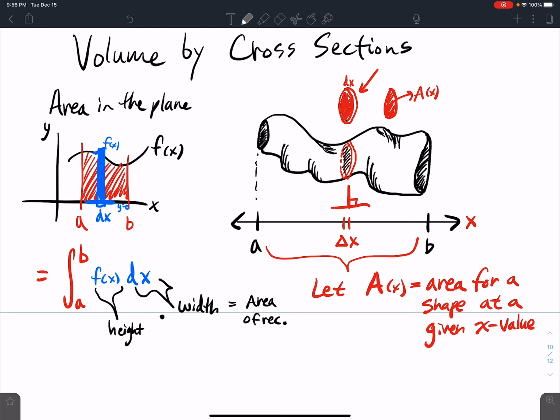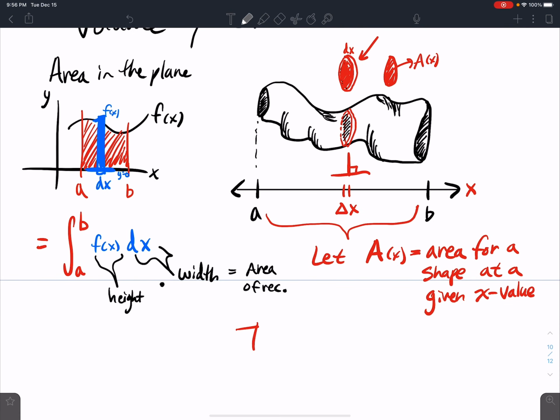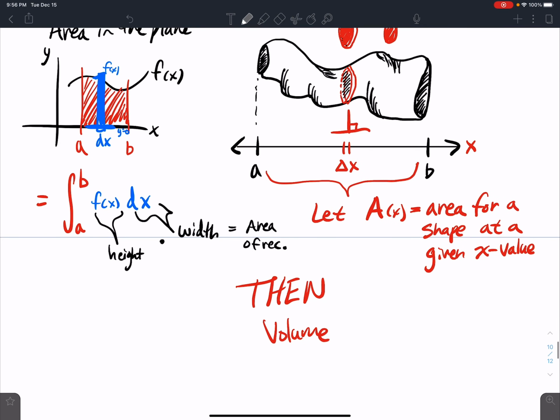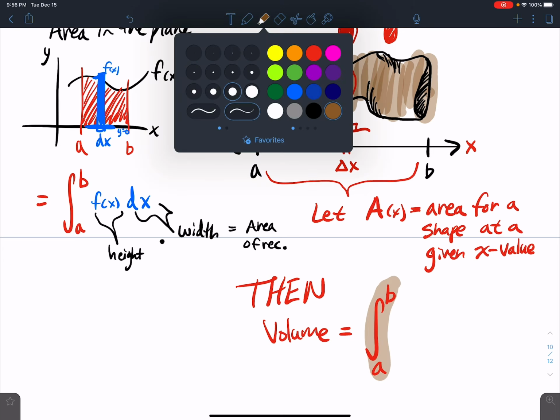That would be like the area of a circle, right? So then the volume of that object would be equal to the integral starting from the first slice and then adding all the little cylinder slices to the last slice, so that sum from A to B, that's what that symbol means, if you recall.